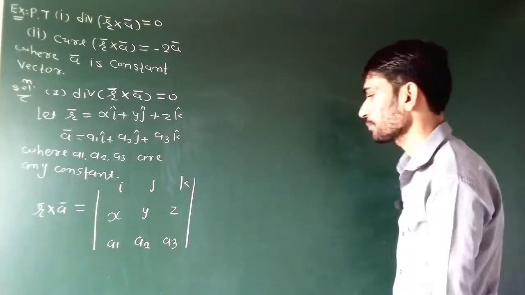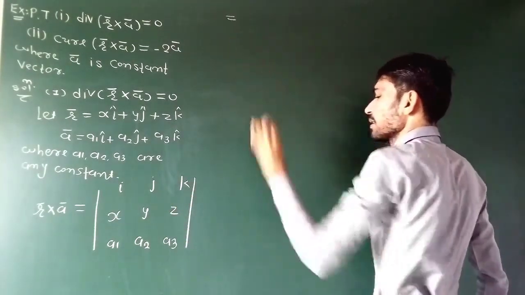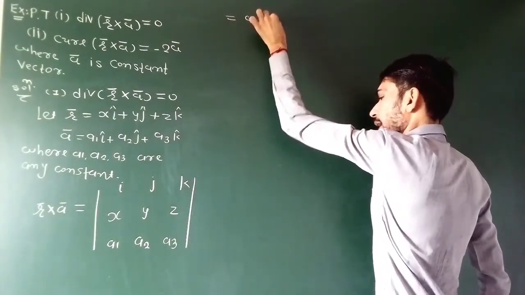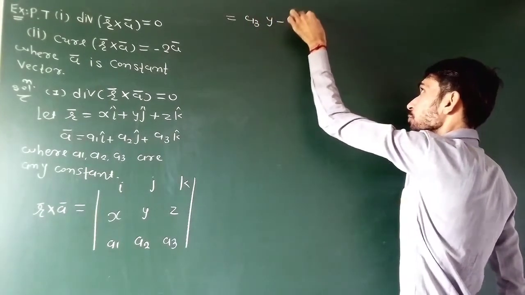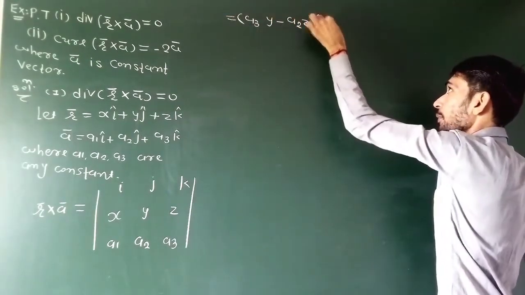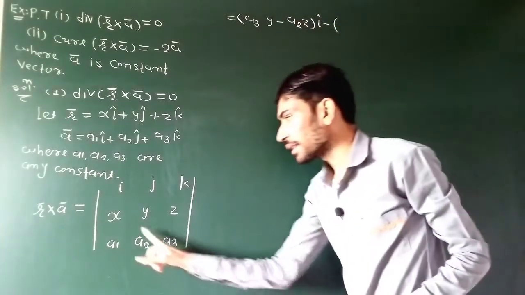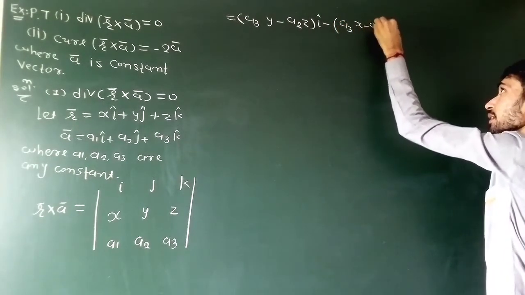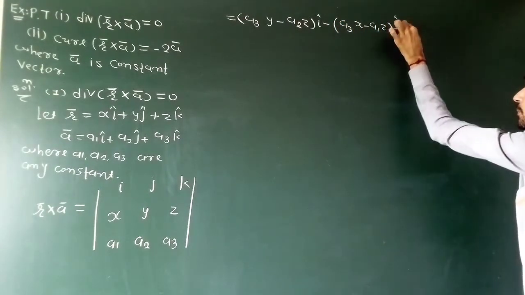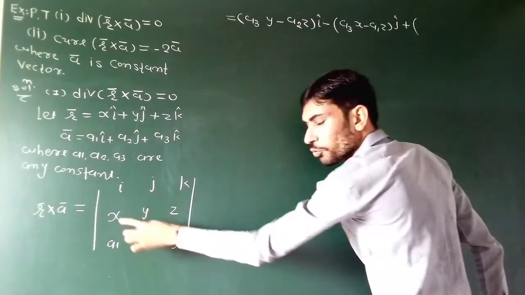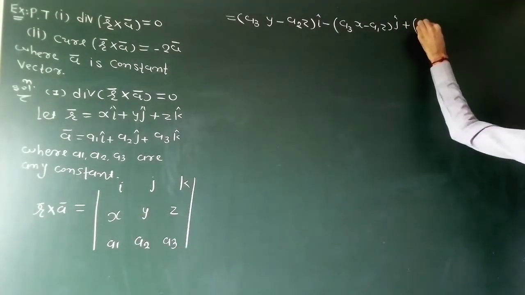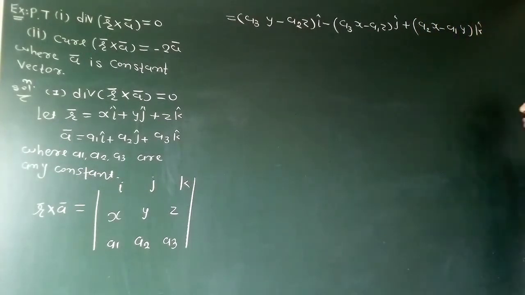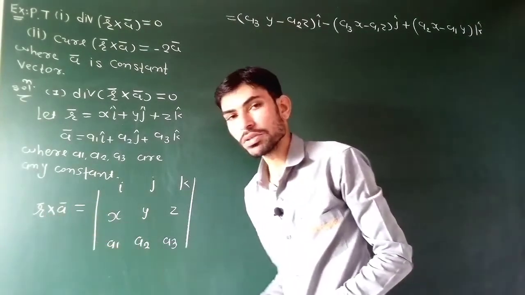Now we simplify this, and we get (a3y minus a2z) i cap minus (a3x minus a1z) j cap plus (a2x minus a1y) k cap. So this is the cross product R bar cross A bar.